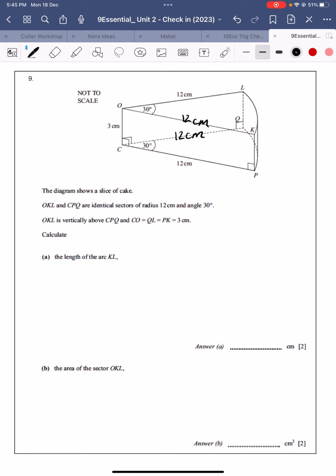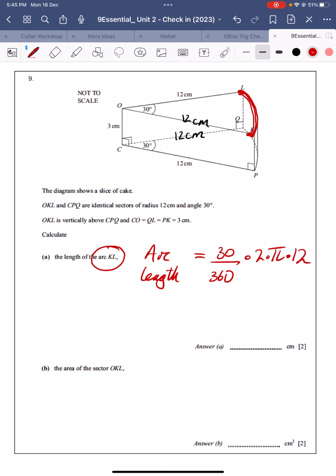So calculate the length of the arc KL. So that's the length of this arc here. And again, from the formula sheet, I'm pretty sure arc length is basically just a fraction, 30/360ths, of the full circumference, 2 pi r, right? So that would be just the formula.